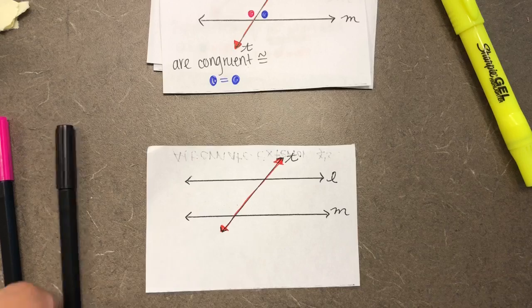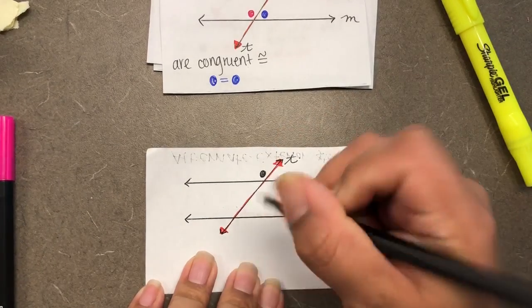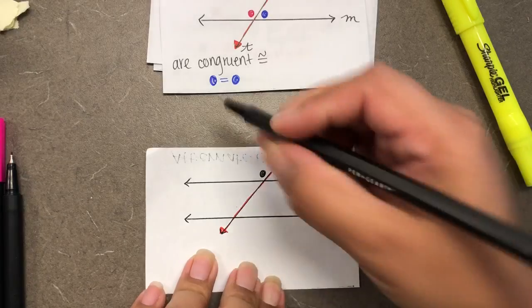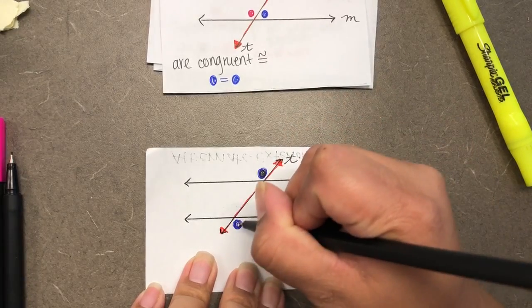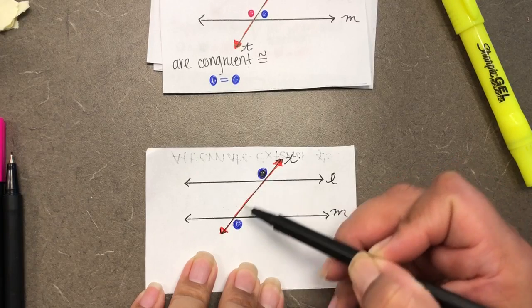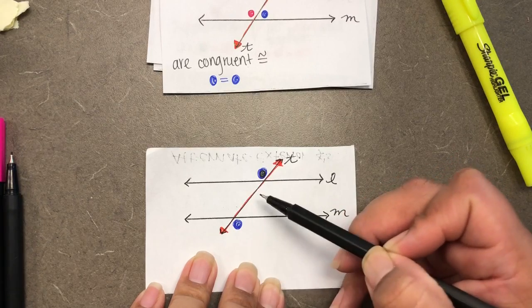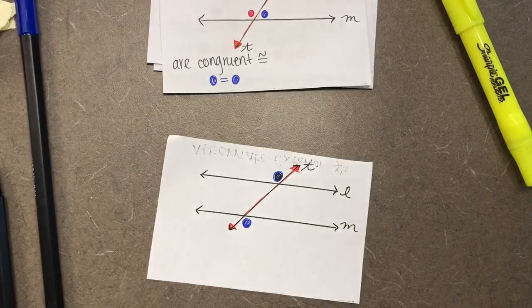And I'm gonna use, I might as well use the same colors. Here we go. Oh, that's black. They are alternating what side they are of the transversal, and they are in the exterior. Alternate exterior, and they are also congruent, just like alternate interior angles.